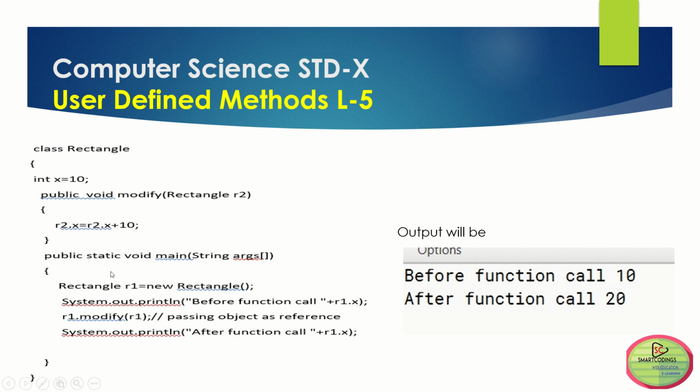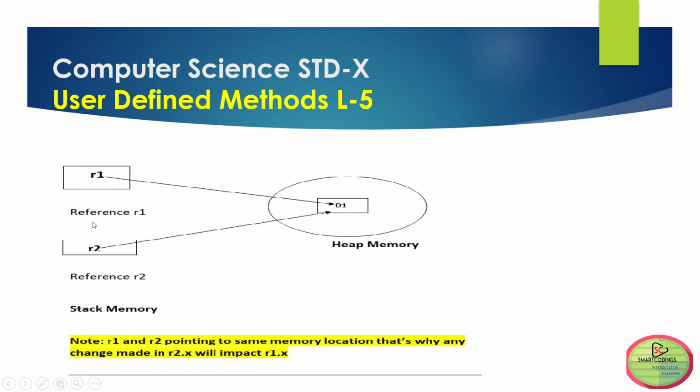So when Rectangle R1 equal to new Rectangle is executed, R1 is a reference variable created in the stack memory. When R1 is created, it points to some object, suppose D1, in the heap memory. This R1 is pointing to D1 in the heap memory.